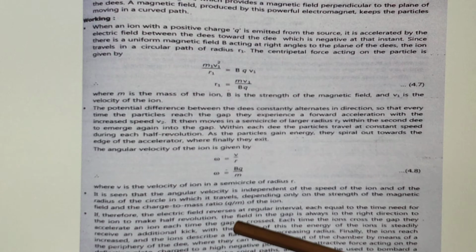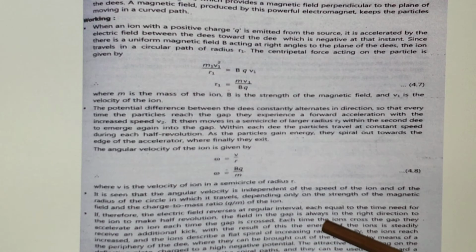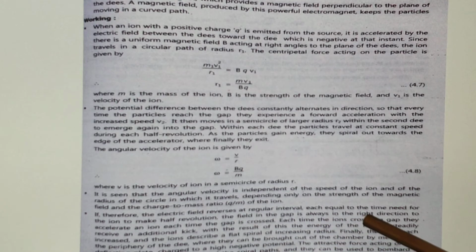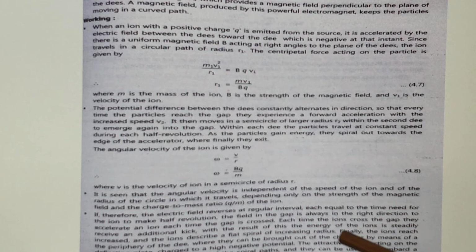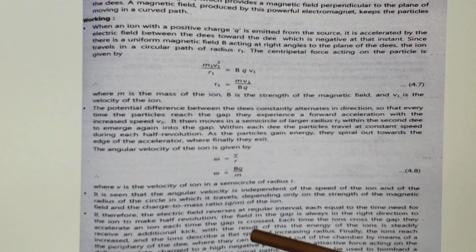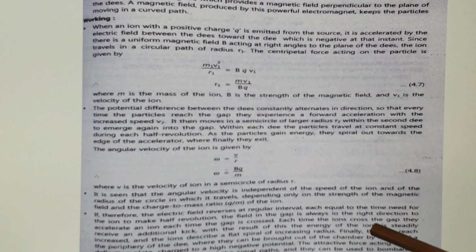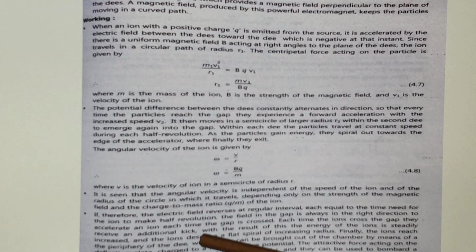If therefore the electric field reverses at regular intervals, each equal to the time needed for the ion to make a half revolution, the field in the gap is always in the right direction to accelerate an ion each time the gap is crossed.